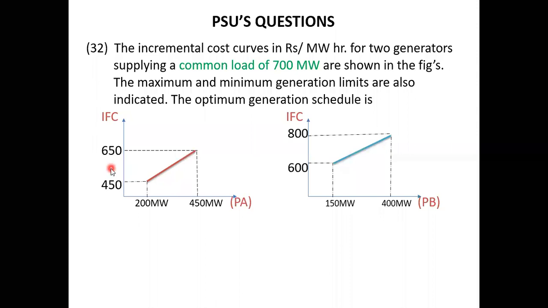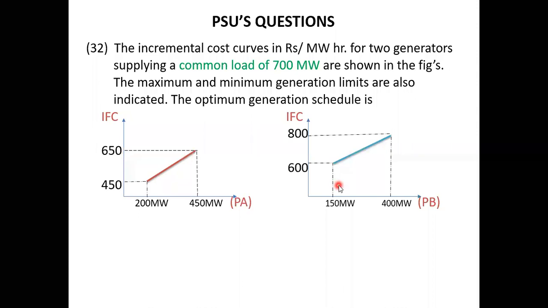And similarly, if you are considering the y-axis, for 200 megawatt producing, the incremental fuel cost is 450 rupees per megawatt hour, because the unit for IFC is rupees per megawatt hour. Similarly, when you are considering the maximum limit for generator A, that is 450 megawatts, in order to produce 450 megawatts, you need to spend 650 rupees per megawatt hour.